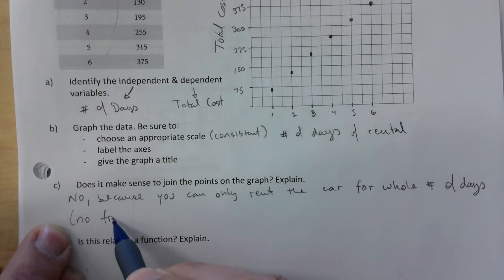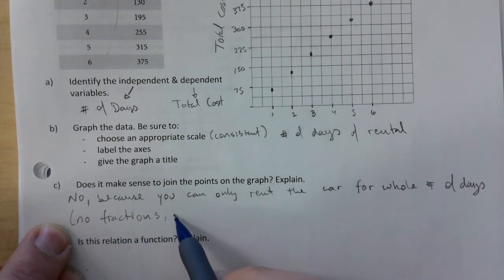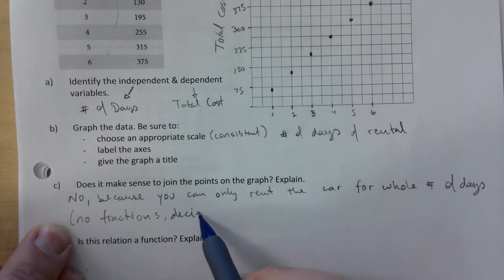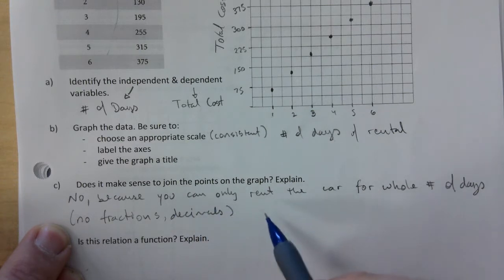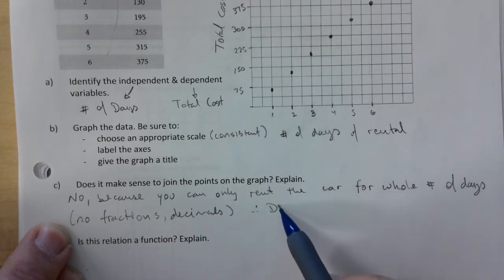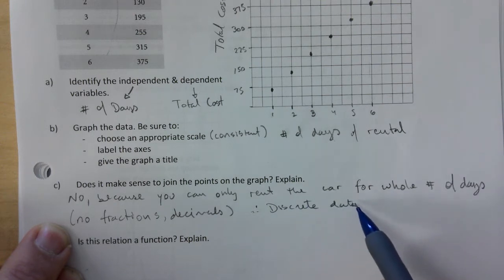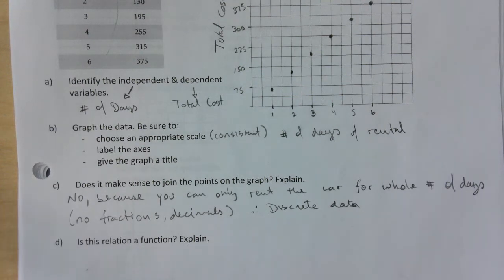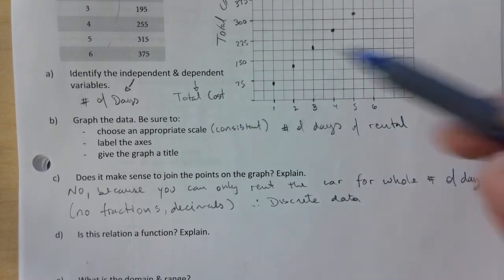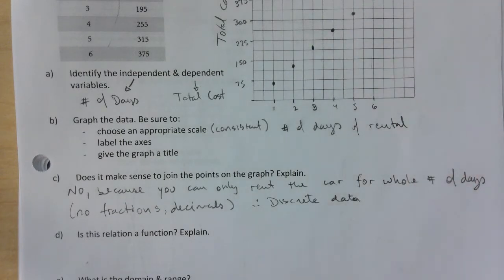No fractions, decimals. Therefore, it's discrete data. So we do not connect. As soon as one of them is discrete, you do not connect. You can't. So it's only whole day increments there.